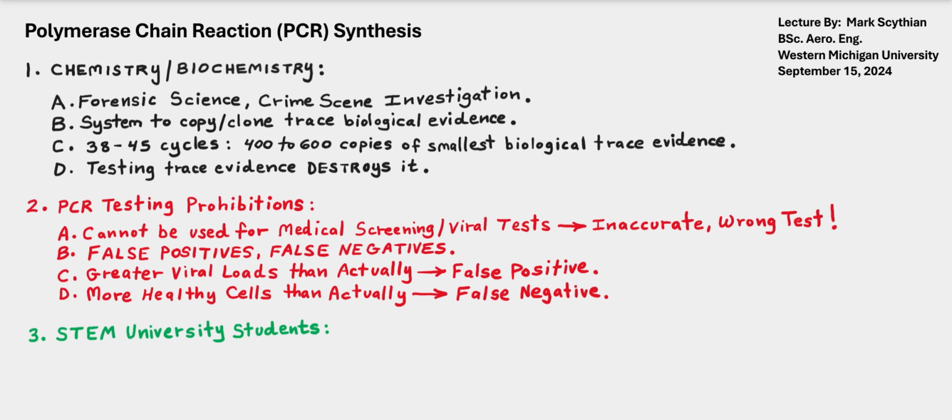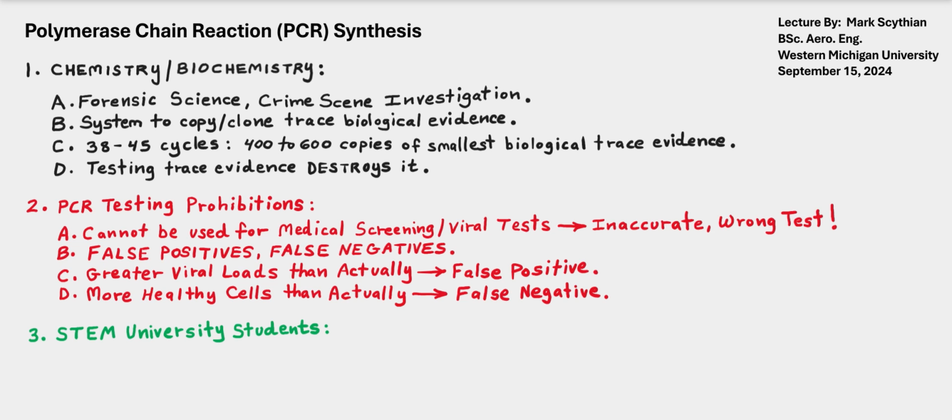So that's what every STEM major does. Only 2% of the American adult population are science, technology, engineering, and mathematics graduates. So it would probably be easy to mislead 98% if somebody got in there and started telling people that they should have a PCR test for medical or viral screening.